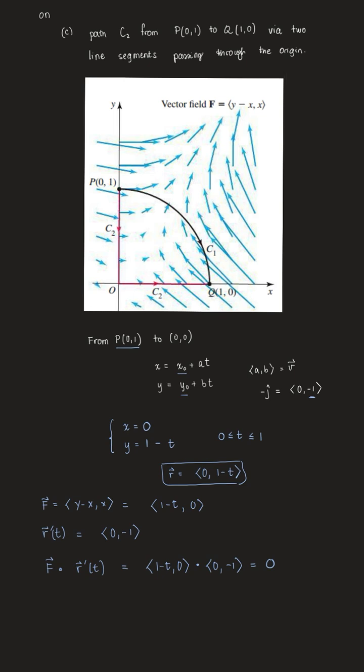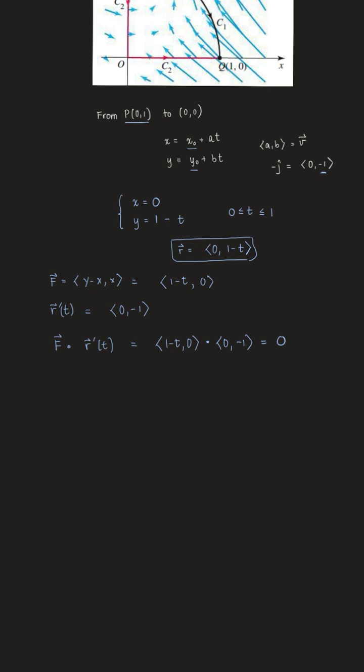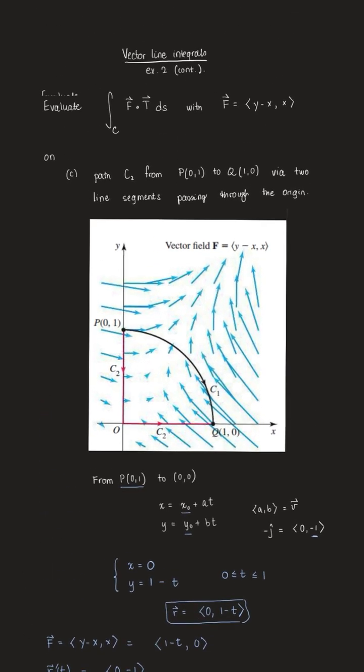So let's take our second line segment, the horizontal piece. Now we want to go from the origin to point Q, which is 1, 0. Let's call our first one 1, and I should be a little more careful in my numbers here.